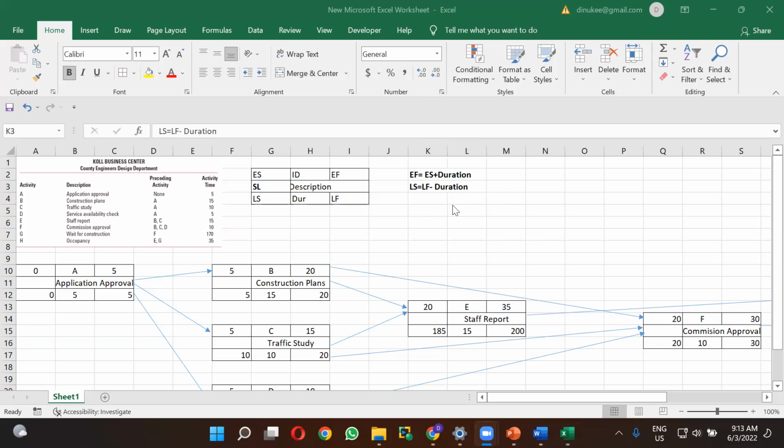And when you are doing the forward pass calculation, if there are two or more arrows coming for one node, what is the value that you are going to choose?